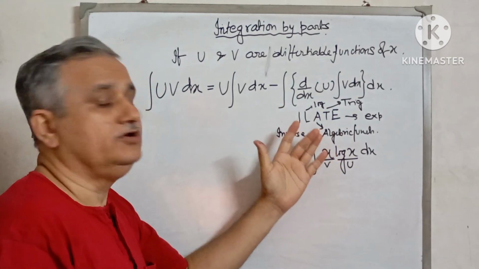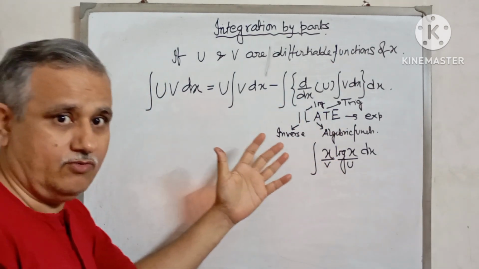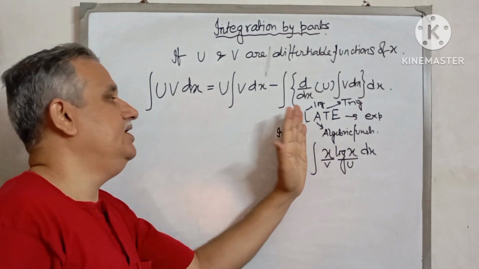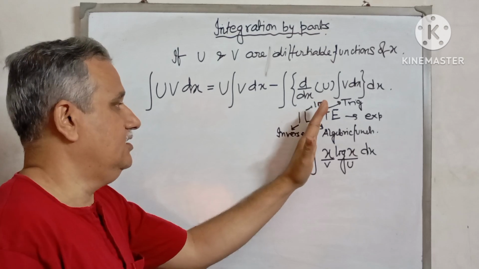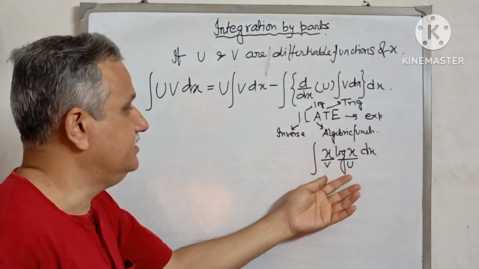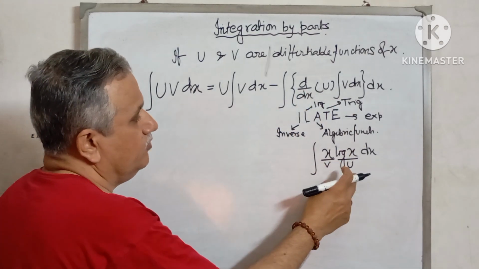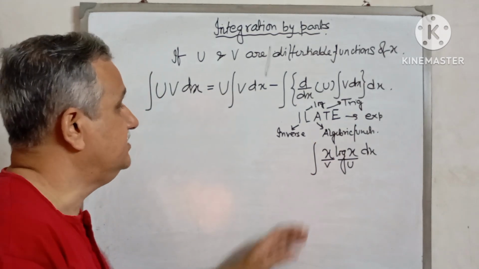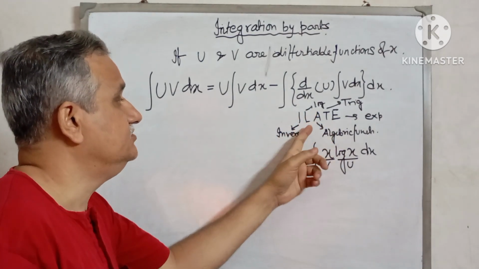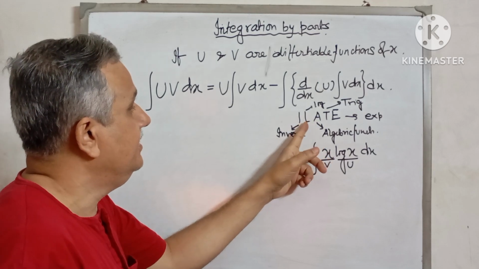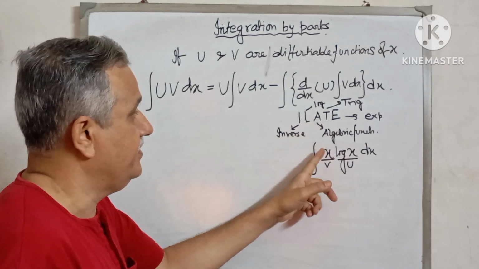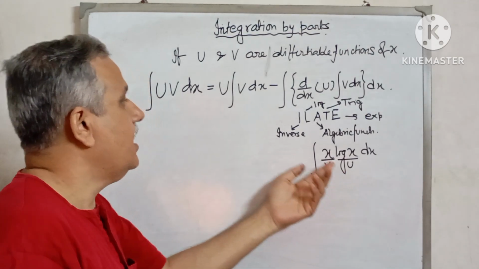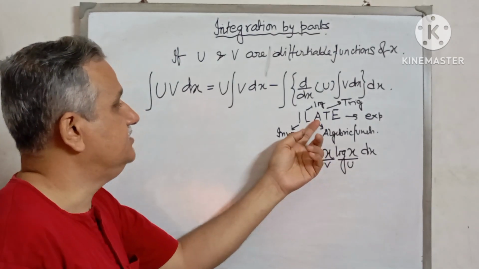Usually, not necessarily every time, we take as u the function that comes first in the order. Here, x is an algebraic function and log x is a logarithmic function. In I-L-A-T-E, L is before A, that is algebra. So take log x as the u function and x as the v function.